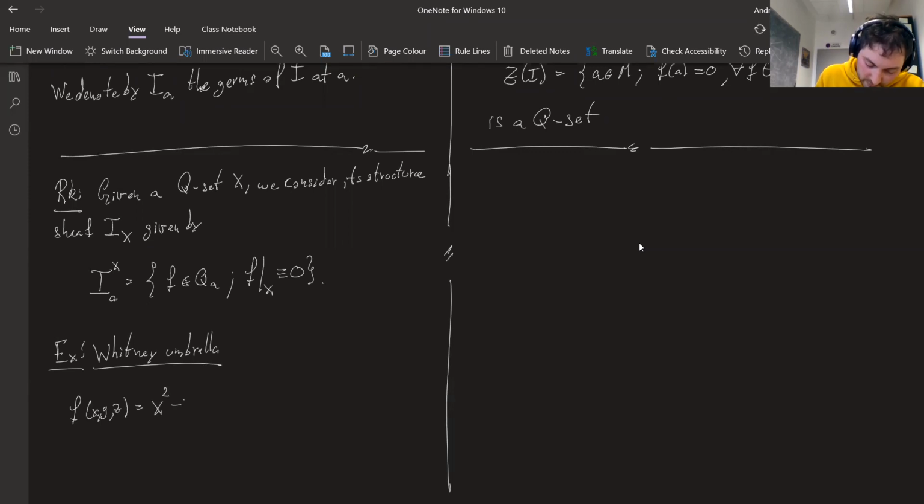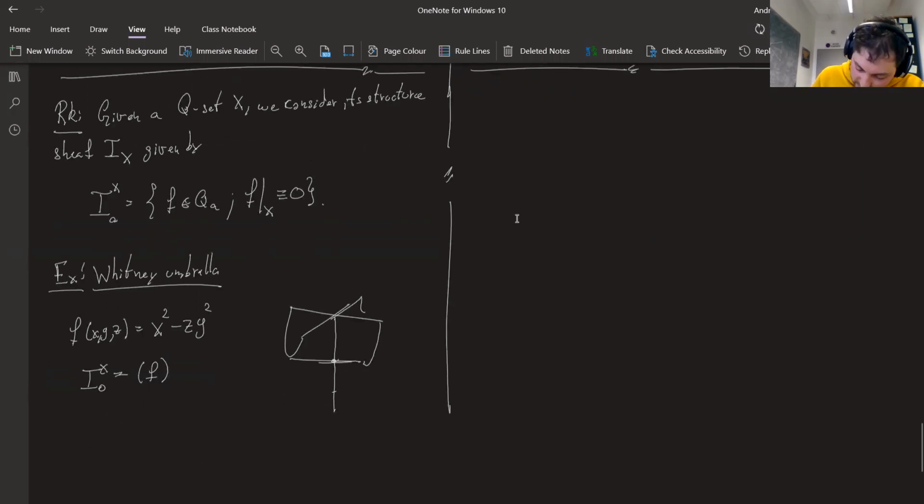x squared minus z y squared. And in here, this function f is irreducible. We cannot do it better than here. So the structural ideal sheaf at 0 is going to be given by this f.